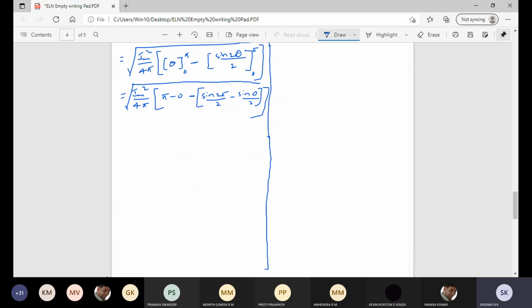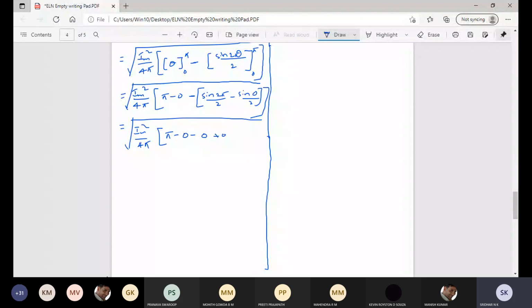So this will be the square root of Im square by 4 pi, pi minus 0 minus. What is sine 2 pi? Sine 2 pi is 0, correct? And sine 0 is also 0.